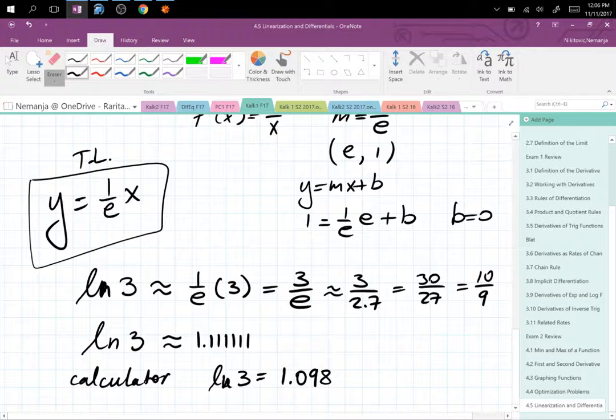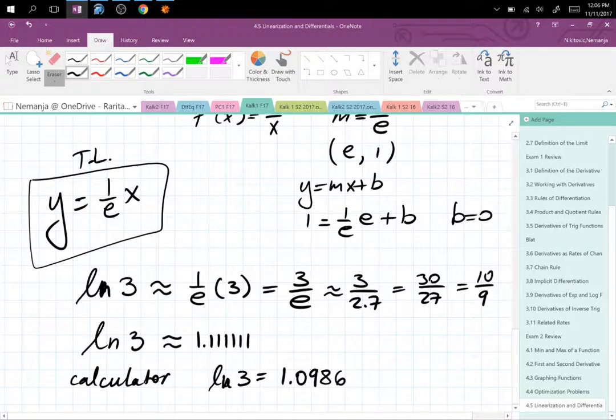Give me four decimals. 1.0986. See? We're 2 cents off again. We did ln 3 by hand, and we computed this.